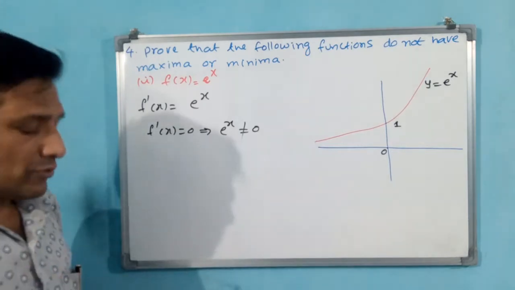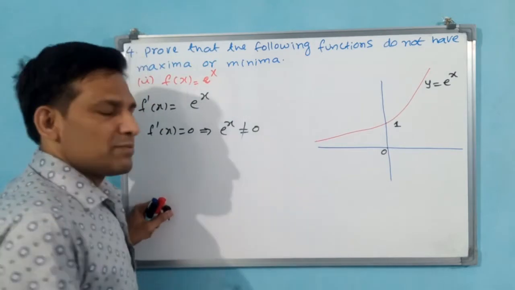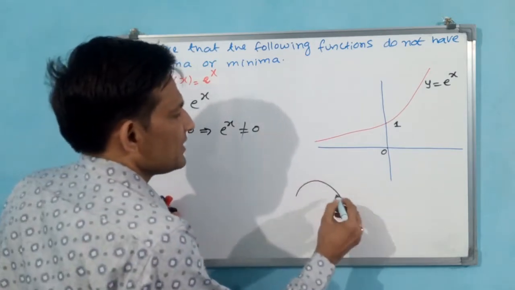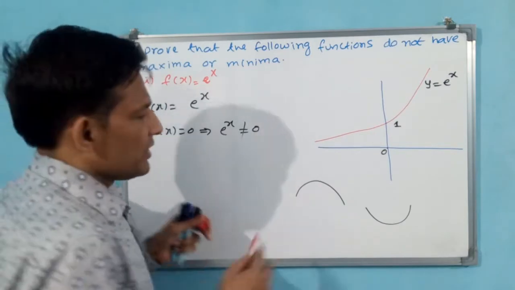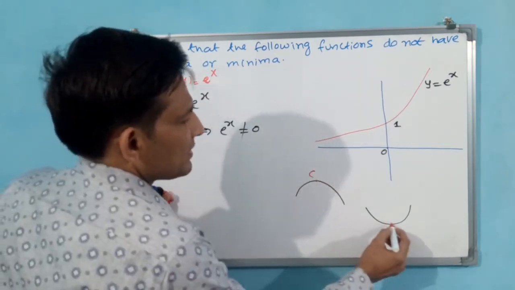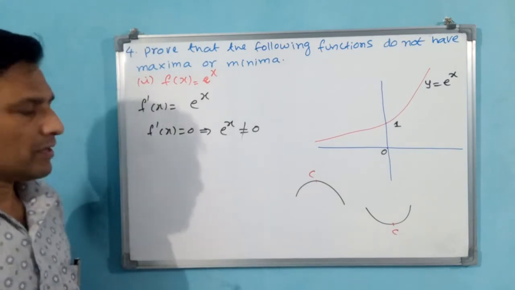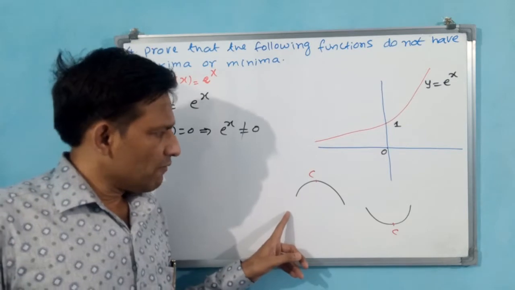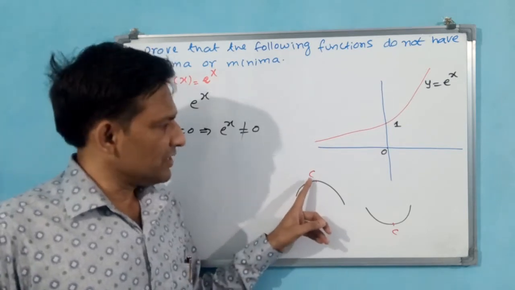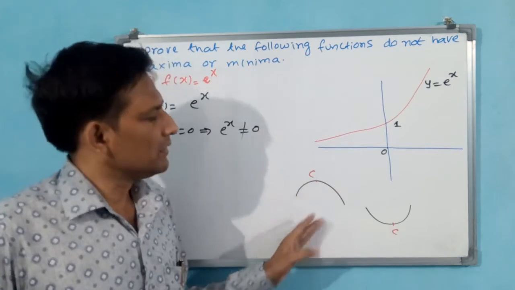Now, if we compare this graph with the ordinary maxima and minima graphs, if this is like this or like this, here point C is called maxima, and here point C is called minima. Why? Before reaching C, the function is increasing, after C, the function is decreasing, then this is called maxima.